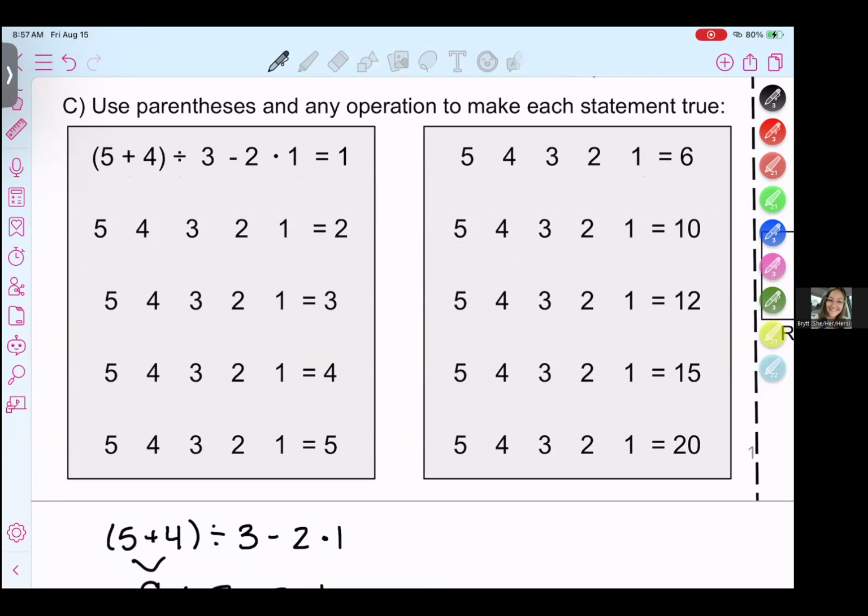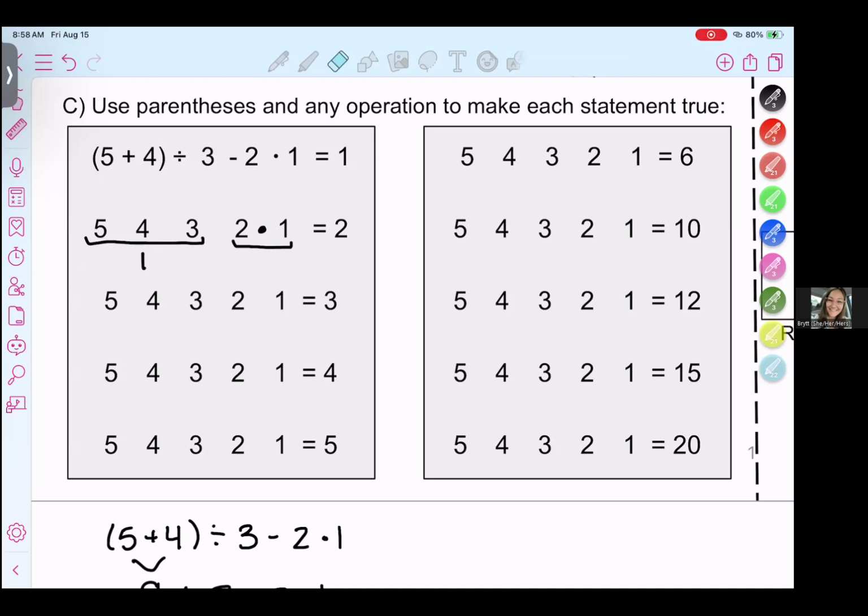So let's see here. I know that we can do 2 times 1 and have 2, but I have 5, 4, and 3 over here as well. So if I want to do 2 times 1 equals 2, I'm going to need these 3 to also equal 1. So how can I go about doing that, right? How can I make 5, 4, and 3 equal 1? Well, let's see.